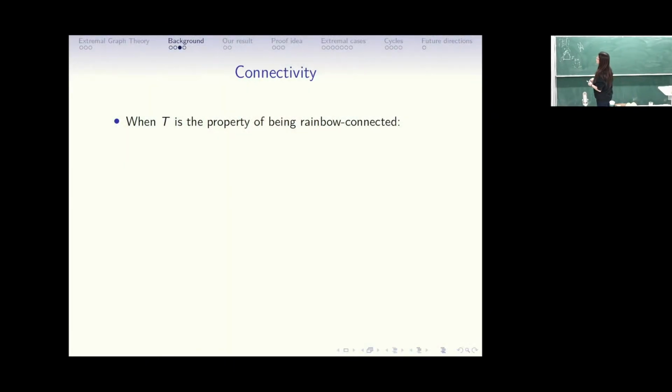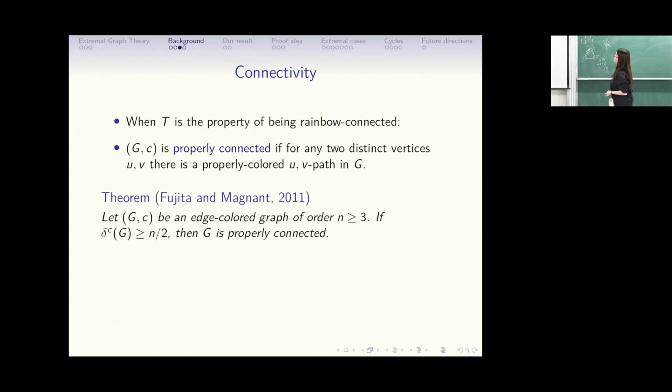So firstly, we are interested in the case when T is the property of the graph being rainbow connected. Now forget about the cycles for now, and let's focus on paths between a pair of vertices in the graph. To state some previous results, we need to define that a graph is properly connected.